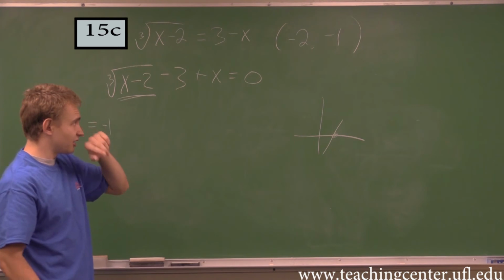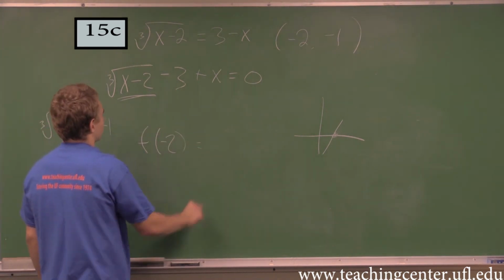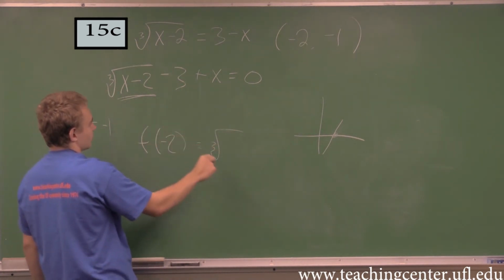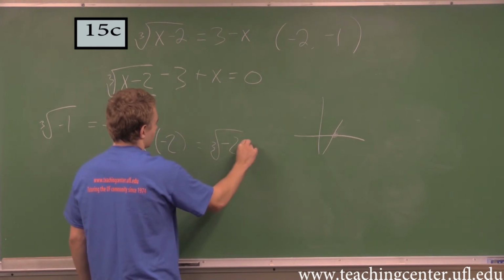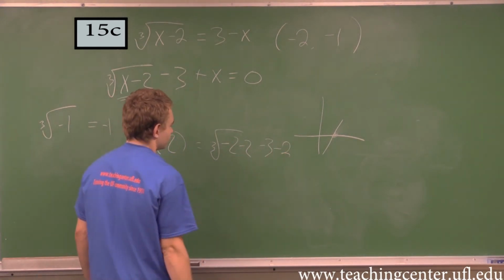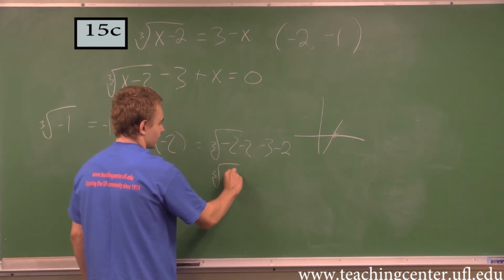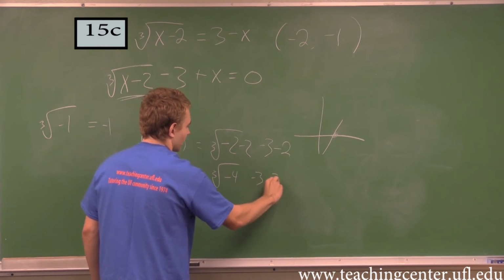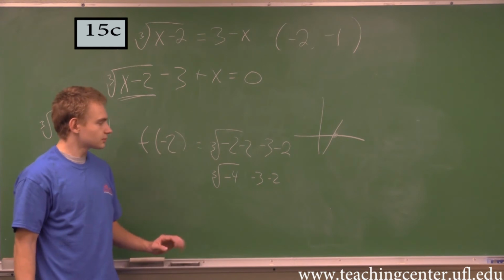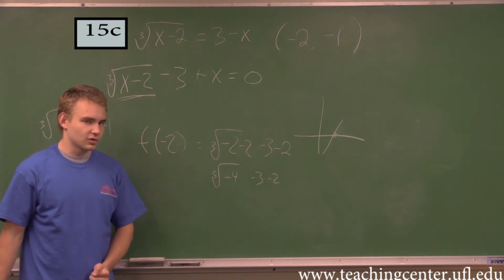So let's try plugging in our numbers then. So f of -2 is going to equal cube root of, plugging in -2, we get -2 minus 2 minus 3 minus 2. Okay, so cube root of -4 minus 3 minus 2. Now you might say that is going to be really hard to solve. But it's actually not, because I know the cube root of -4 is going to be negative.